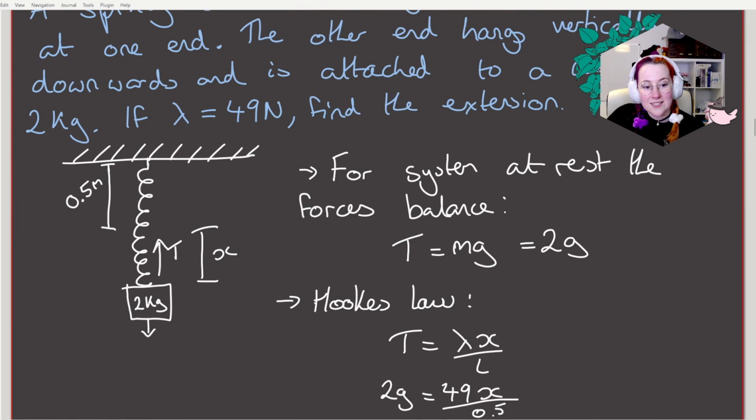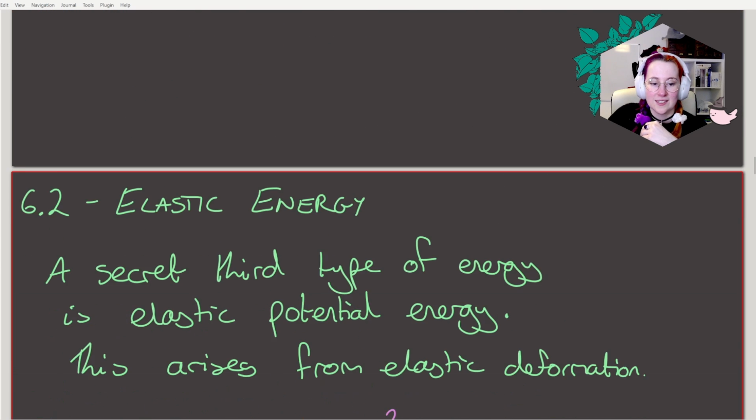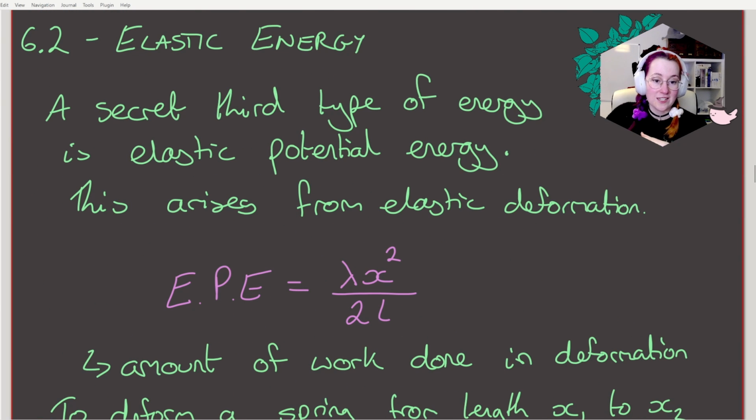We then looked at a little example of a spring holding a mass above a fixed point and trying to find the extension due to the tension in the spring because of the weight attached to it. So a nice little example of just taking Hooke's law, figuring out what's missing, plugging all your values in, and getting a result. Then we looked at elastic energy, in particular elastic potential energy.